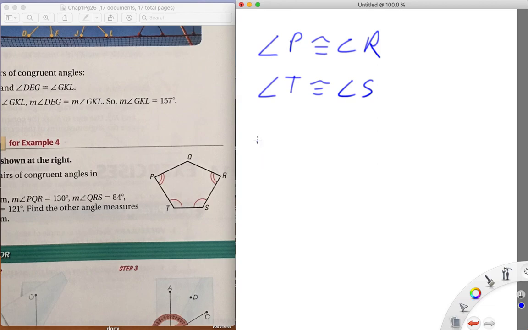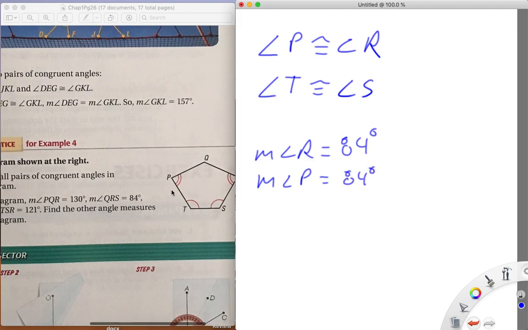And since I know that the measurement of angle R is equal to 84 degrees, since I know that R and P are congruent, then the measurement of angle P is also equal to 84 degrees.